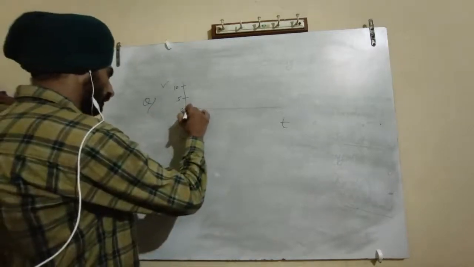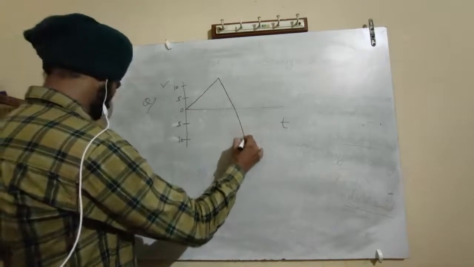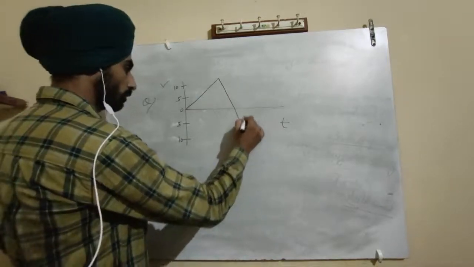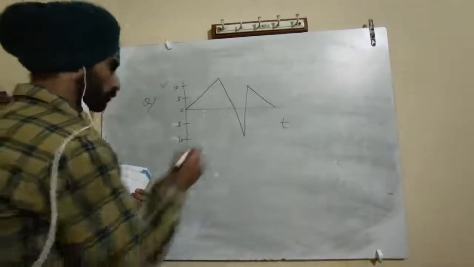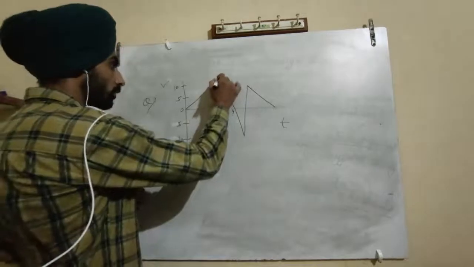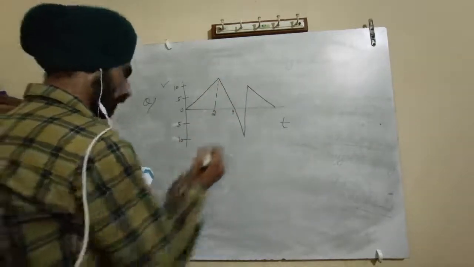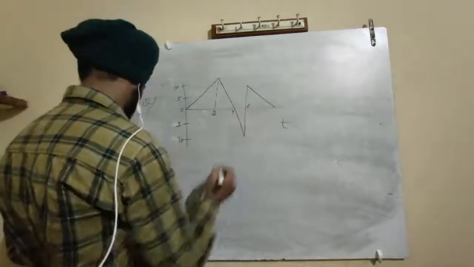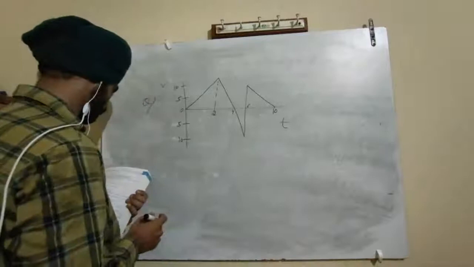So this is the area under the VT graph. Suppose like this. Its value is 4. Here time is 2, here the time is 6, and here time is 10.